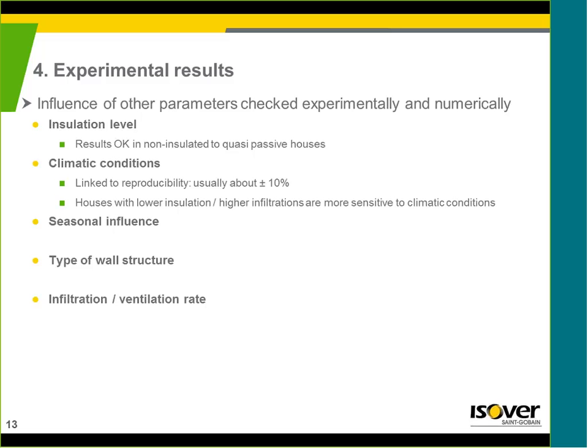Then what we measure does change too, of course. So part of this variation is due to the modification of the reference value we're looking for. Part of it is simply the error we get by the measurements. And of course, houses with lower insulation or higher infiltrations are more sensitive to climatic conditions.